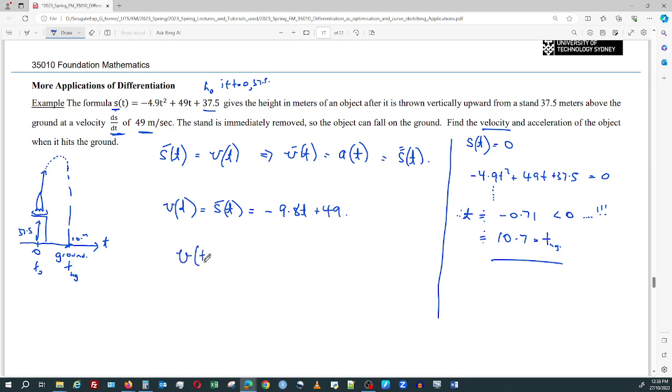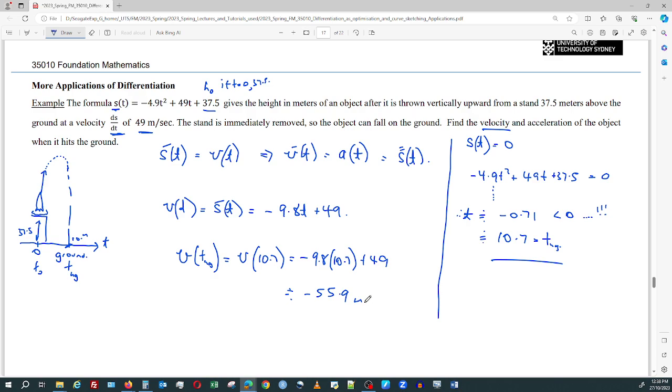So v of 10.7 is minus 9.8 times 10.7 plus 49, which approximates to negative 55.9 meters per second.